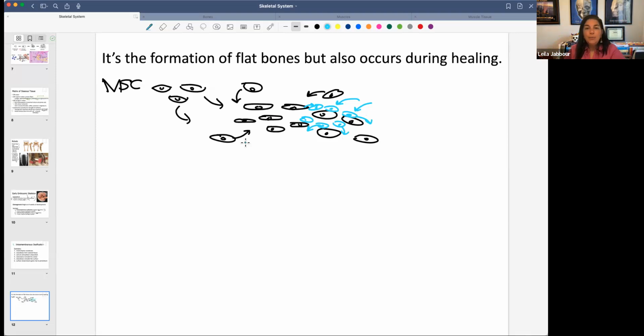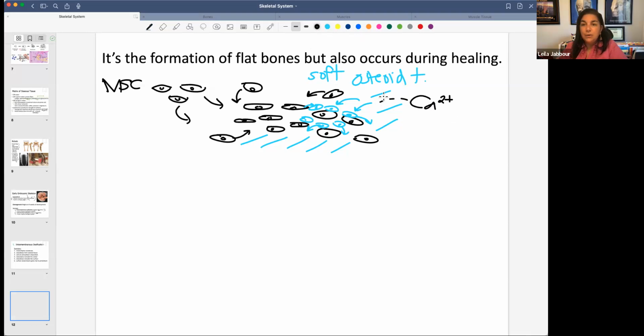So you end up with this soft osteoid tissue. When the soft osteoid tissue is put down, calcium is signaled to come over and start crystallizing on all of these collagen fibers.